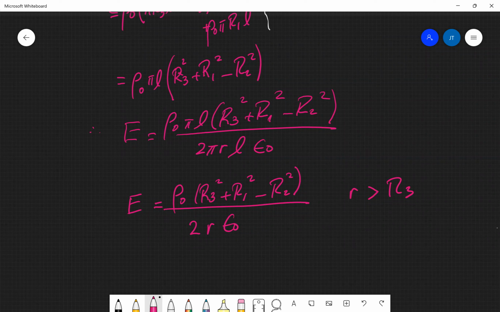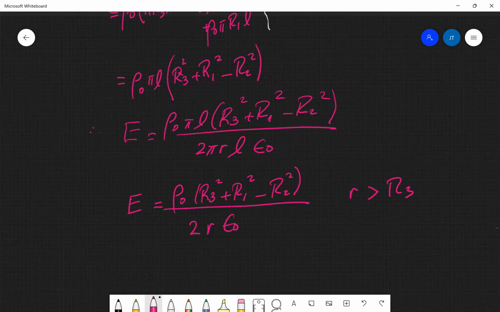Remember, the caps do not contribute. So as we go out some more, the electric field diminishes as 1 over r, and it will go to 0 as r goes to infinity.